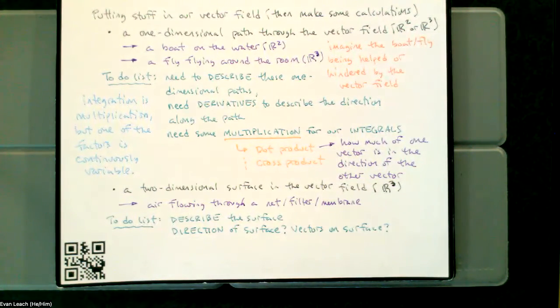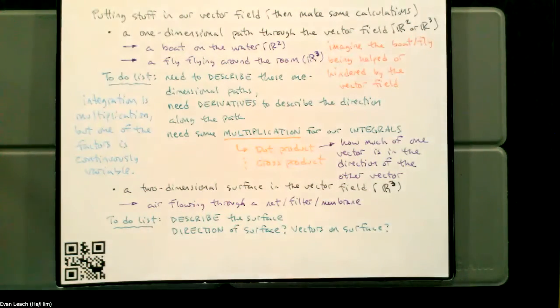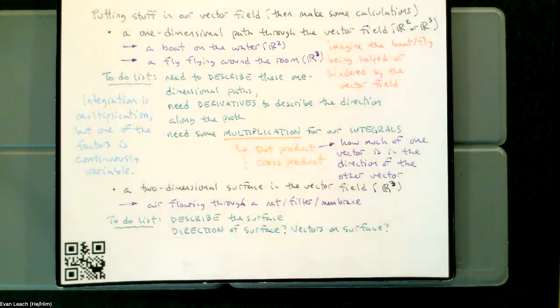Once we have vectors on the surface, our thinking is going to go back to this multiplication for integrals. This one's a little conditional right now. Once we have vectors on this surface, then I can start having this multiplication. I got the vector field, I got vectors on this surface somehow. I can start multiplying those vectors with dot product and cross product.